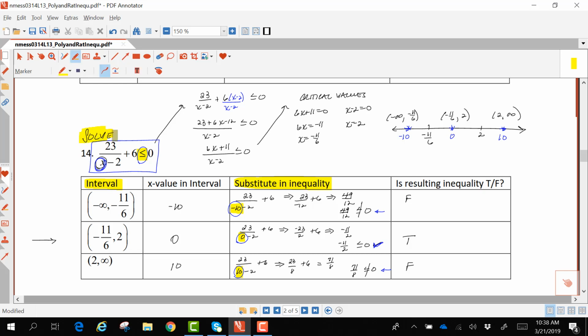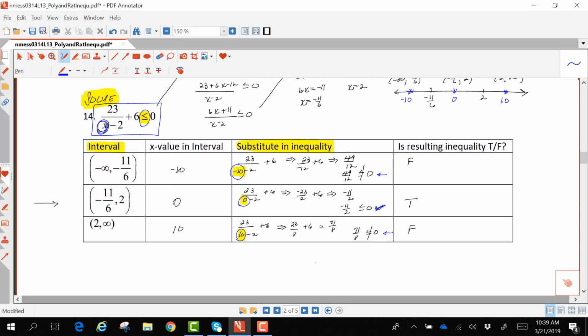Well, in the near future, you're not just going to complete a table, but you're going to be actually solving this inequality, meaning you're asked to find solutions. Your solutions occur where you have a true statement.